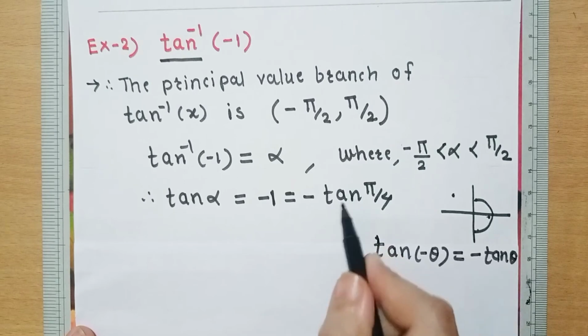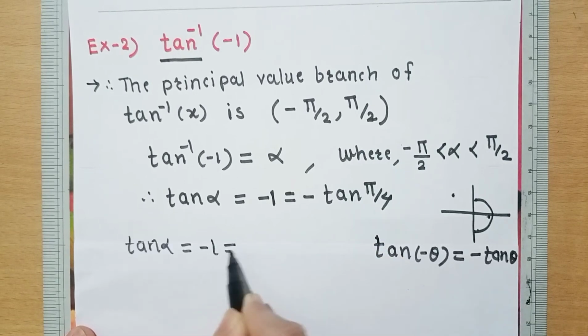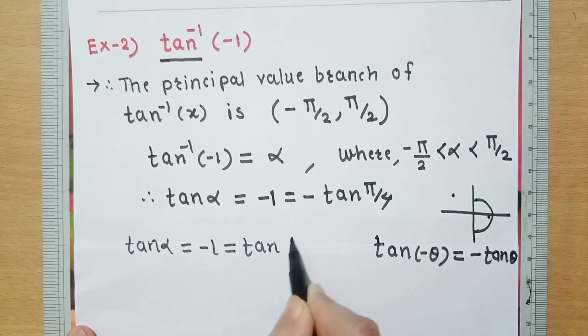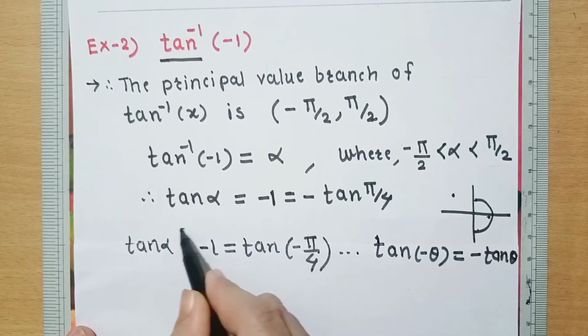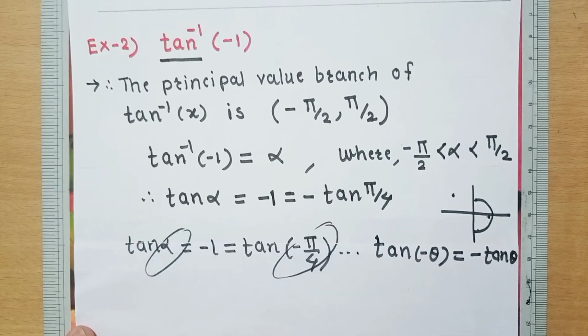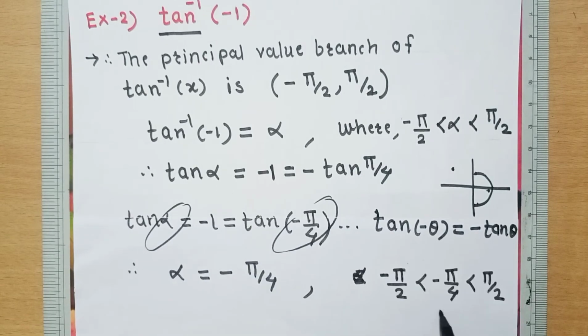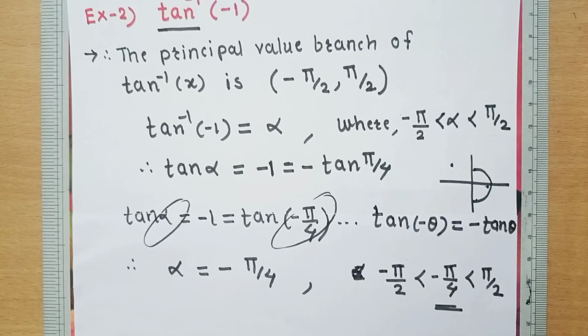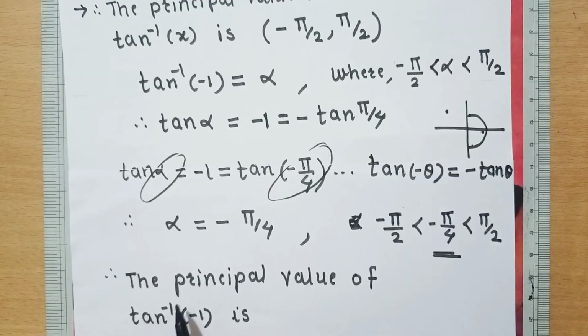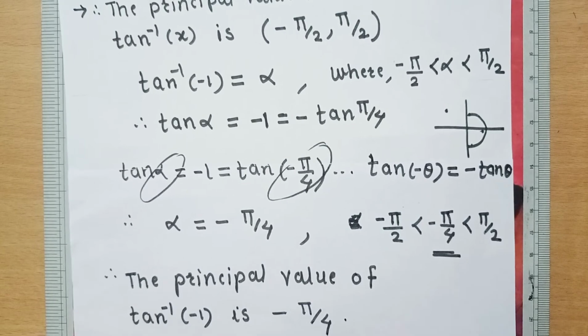So by this rule we can write -1 equal to tan of minus pi by 4. So alpha is equal to minus pi by 4. This minus pi by 4 angle lies between minus pi by 2 to plus pi by 2, and therefore the principal value of tan inverse of -1 is minus pi by 4.